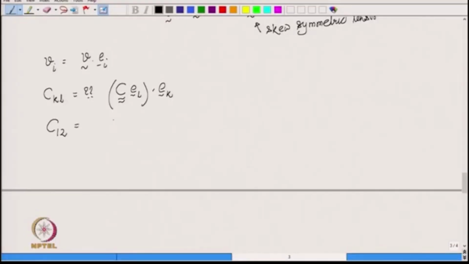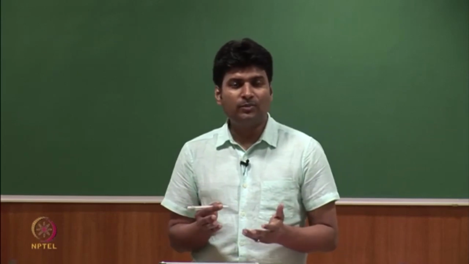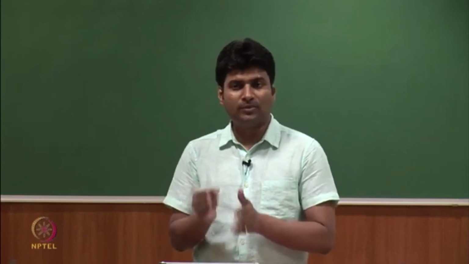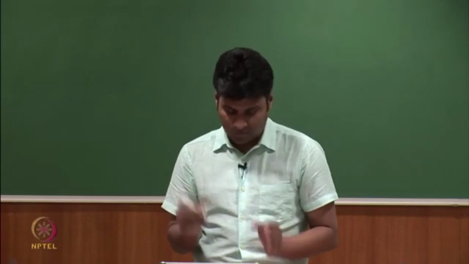So, C12 means C times e_2 dot with e_1. So, this is right now a tensor representation. Let us think of writing this in the matrix form. Okay. So, C becomes the C matrix, e_2 becomes the column of e_2 and e_1 becomes the column of e_1.